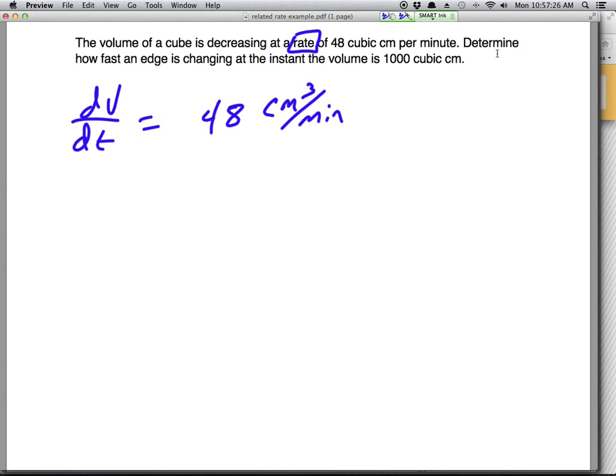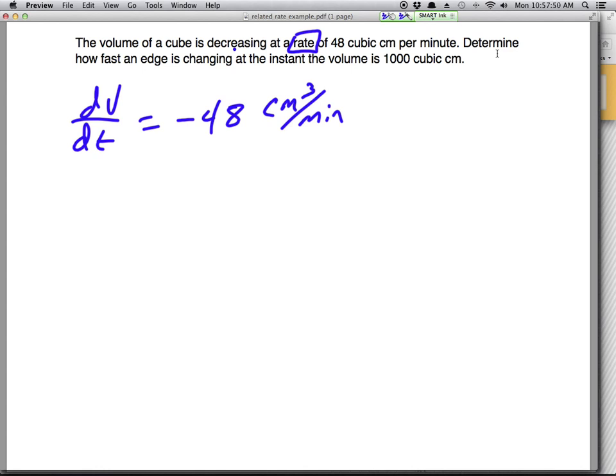But there's one more thing I need to identify. Is my rate positive or is my rate negative? It's negative. Why? Because it says decreasing. If volume is decreasing, that means dV/dt has to be negative. And that's the thought process of being able to take in some information they give you.